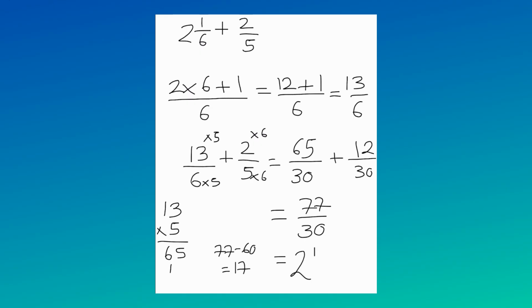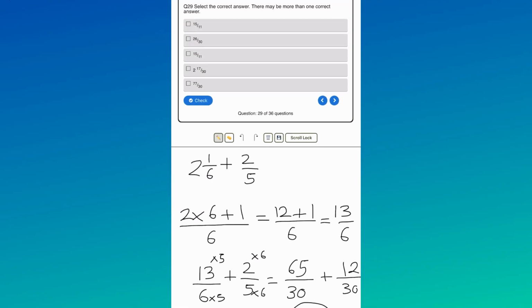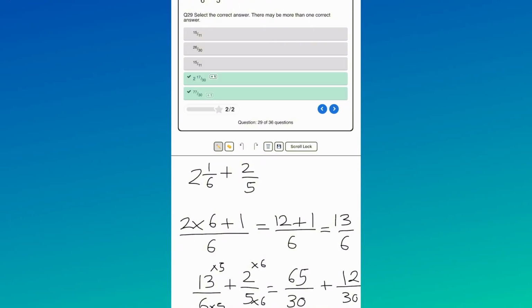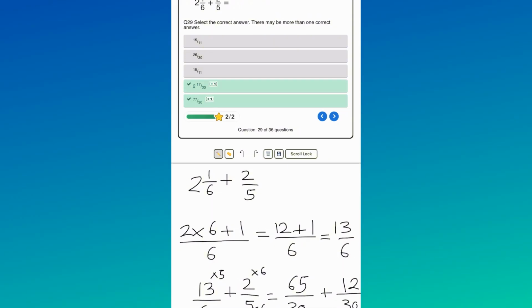So I do 17 is my remainder divided by 30. So I've got two answers here, 2 and 17 over 30 and 77 over 30. So I can check those two in the list, and that's correct.